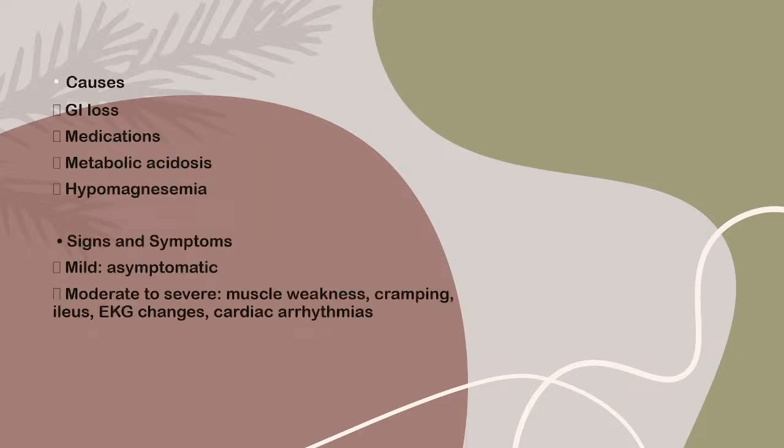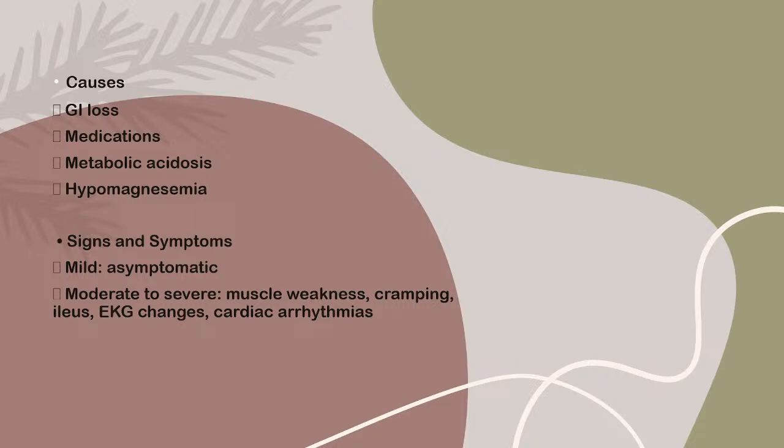If we talk about causes of hypokalemia, there is GI loss, like vomiting, when the patient is having rapid vomiting. Then a few medications, we can say diuretics, because many diuretics do not spare potassium, so potassium would be lost.